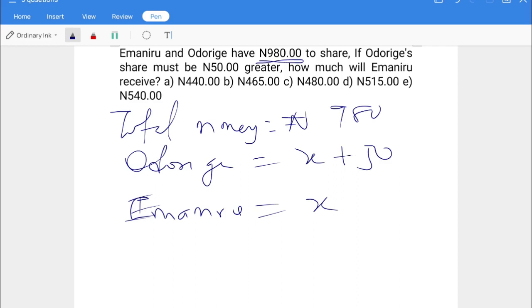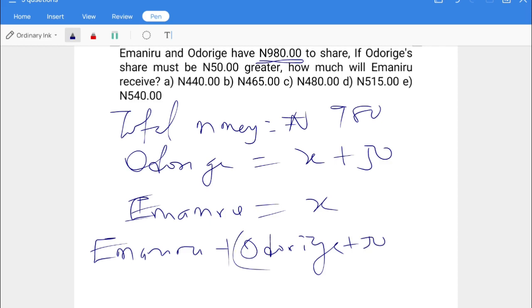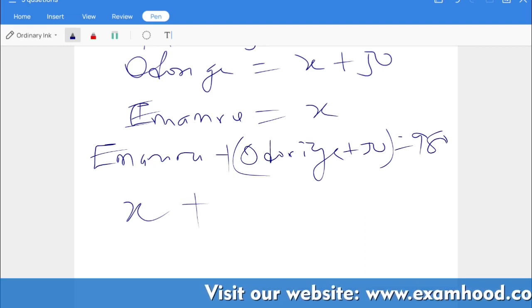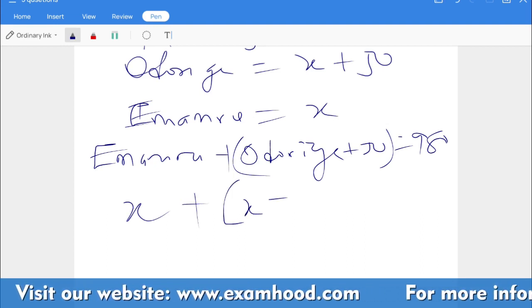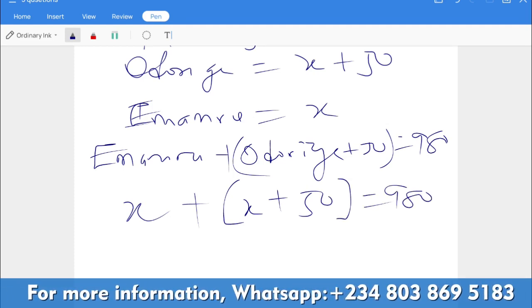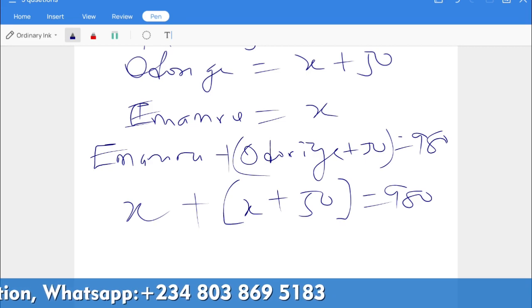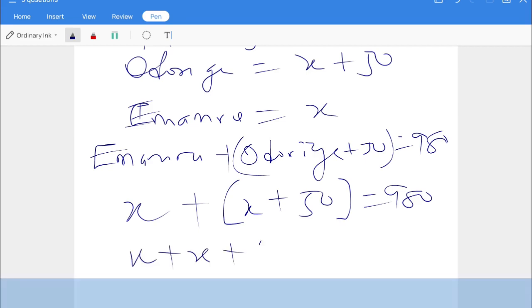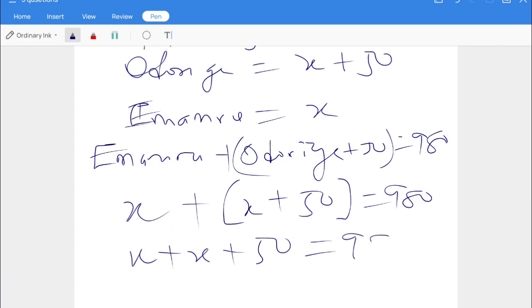So what you now need to do is just you know that Emaniru plus Odorige equals 980. So this one will be x plus, this one x plus 50, equals 980. It's as simple as that. So open the bracket, x plus x plus 50 equals 980.